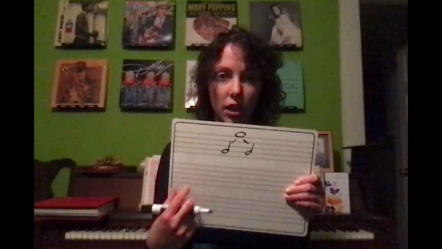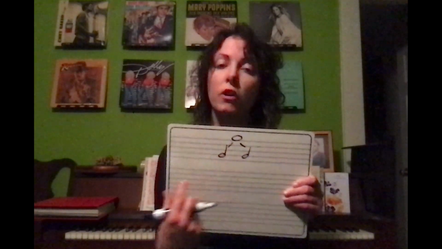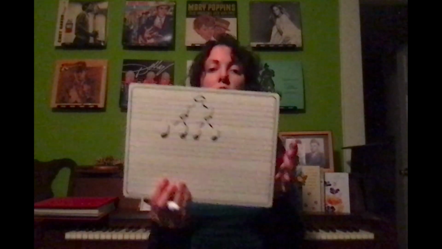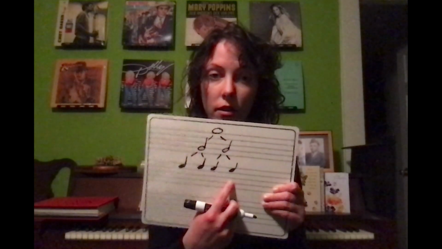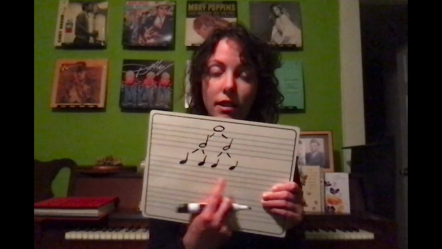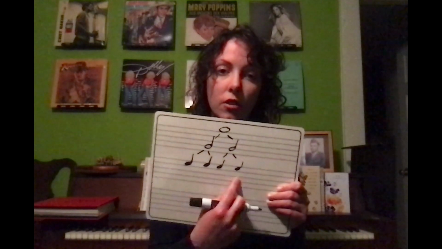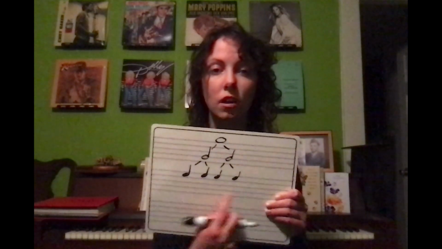They're the same length of time when you put 2 of them together versus one whole note. From there, we talked about our quarter notes. They look just like our half notes, only there are 2 in each half note, so they're technically twice as fast as a half note. They look just like them, except they are filled in. They're solid in the note head.